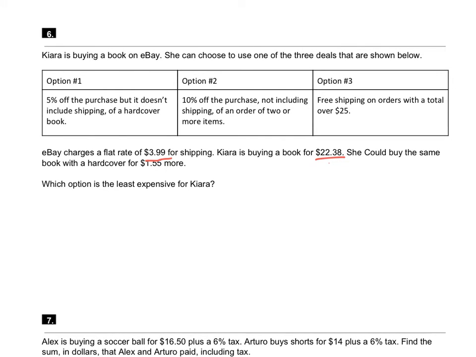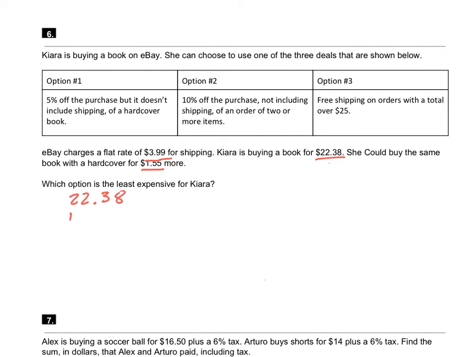But now, hardcover is $1.55 more. So option 1 only works if you are buying a hardcover book. So the first thing you need to do is add 1.55 and 22.38.